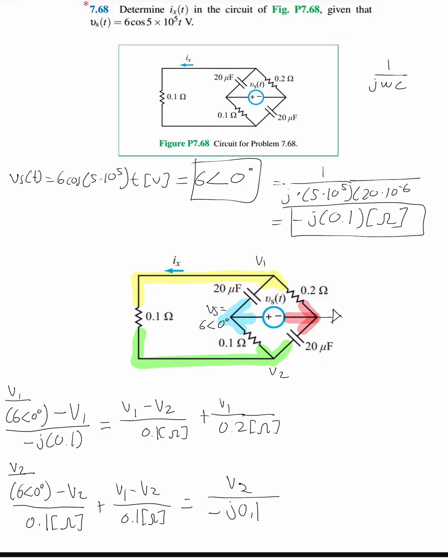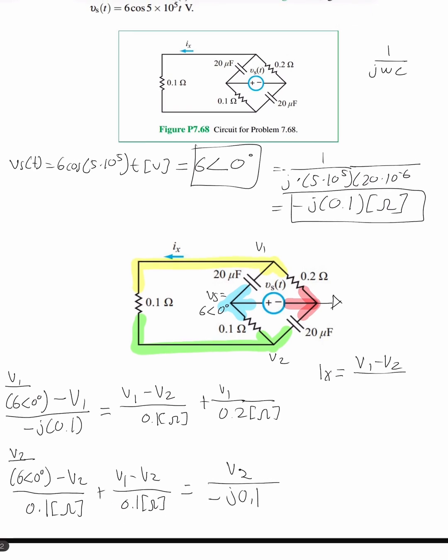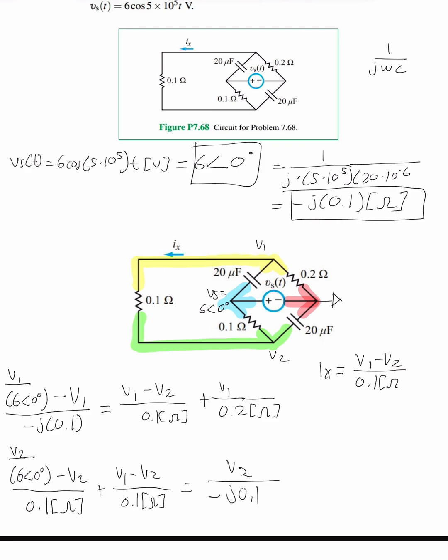So what we're going to do, the Ix equation actually is going to be V1 minus V2 over 0.1 ohms. So what are you going to do now?